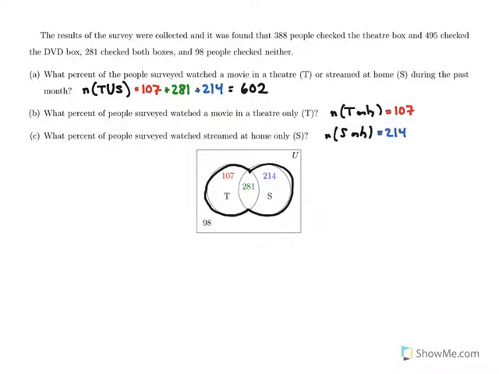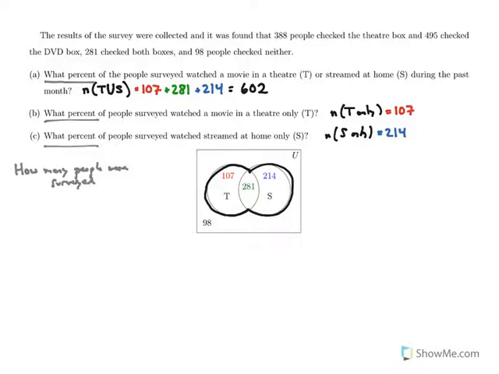All right, so although that's going to be all the really hard work we have to do, that doesn't actually answer the question, because we are looking for what percent of people surveyed. So it may help to actually answer how many people were surveyed.